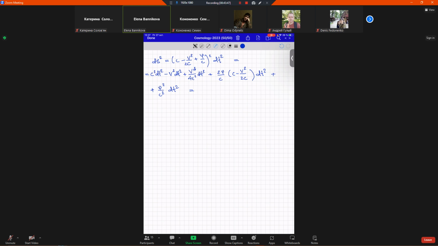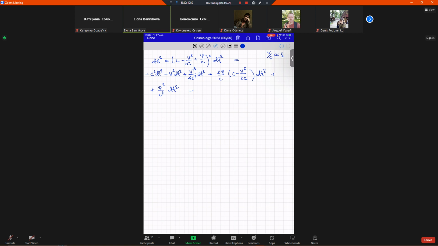Just open the brackets and consider all summands. Now I remind you that in the beginning, when I constructed the Lagrangian, I considered the case when v divided by c is much less than unity. So the velocities are not relativistic, but we are using the relativistic case with a general representation.